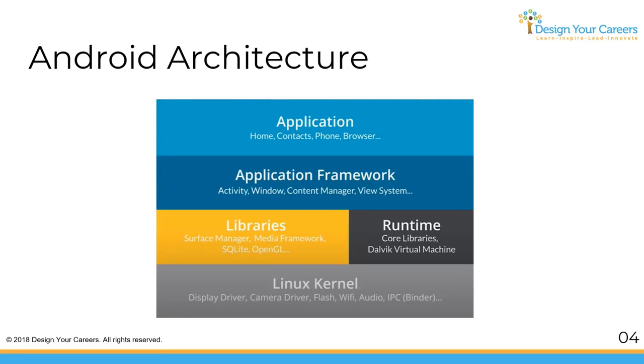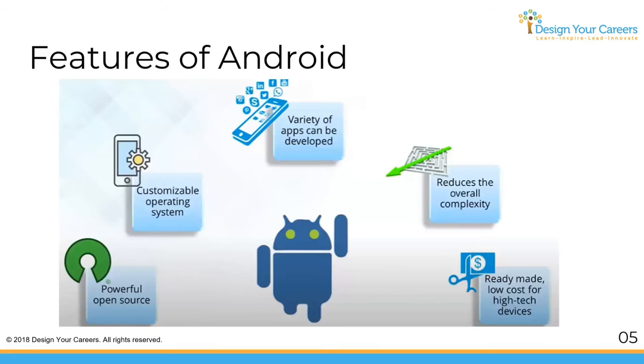On top of that, we have the applications of the Android device, whichever application you're building. For example, here we have home, contacts, phone, and browser. It can also be your application, for example Facebook or any application which would physically run on the Android mobile platform.